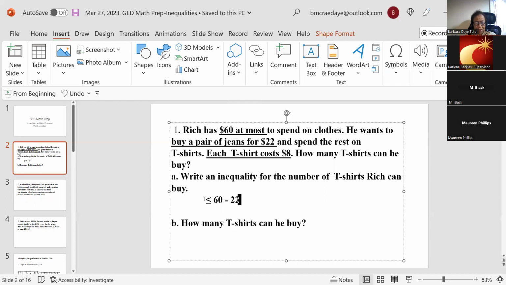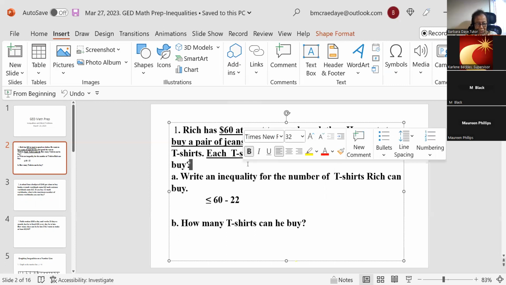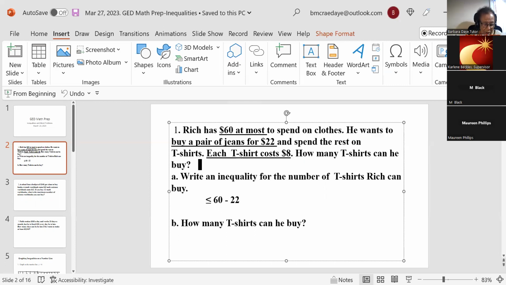No, you said each t-shirt is $8. You're letting B represent the t-shirts. You can use any variable you want, but you say let B equal the t-shirts.